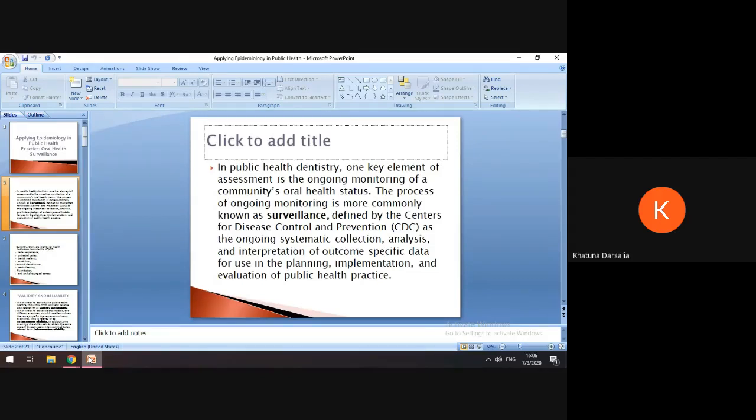As defined by the CDC, the Centers for Disease Control and Prevention, surveillance is the ongoing systematic collection, analysis, and interpretation of outcome-specific data for use in the planning, implementation, and evaluation of public health practice.